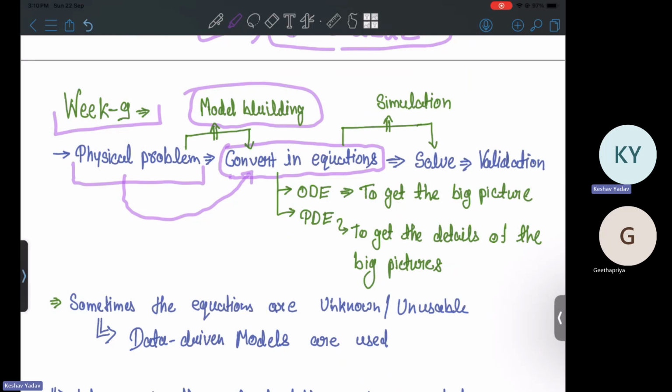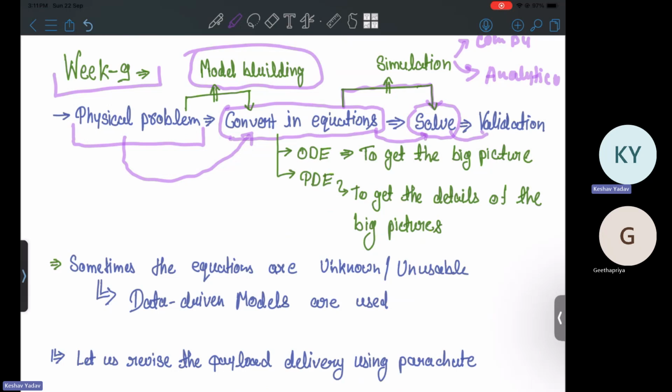Then once we have the equations, they can be solved. The solution of the mathematical model or the set of equations is called simulation. This simulation can be done in computer, or we can do hand-based calculation if the analytical solution is possible. Once we solve the problem, we validate whether our solution is correct or not.